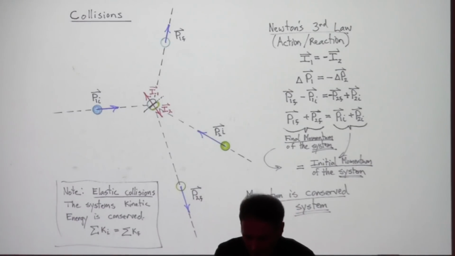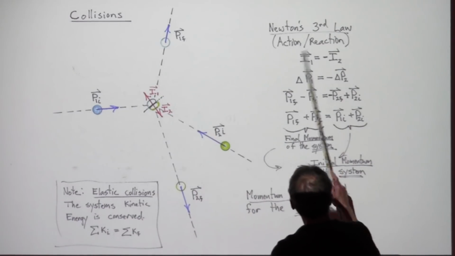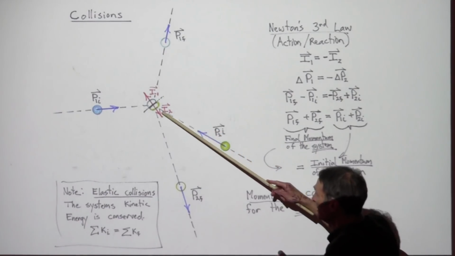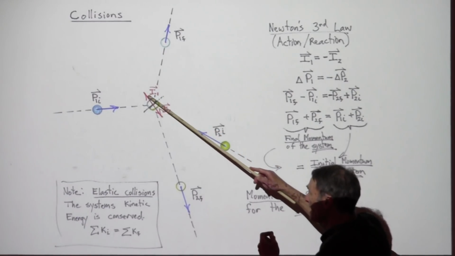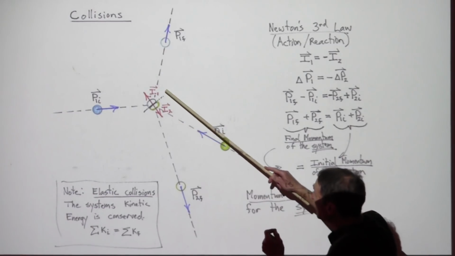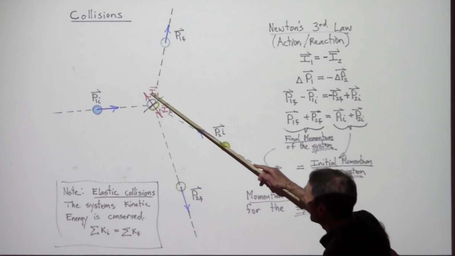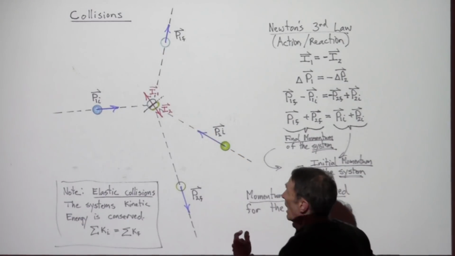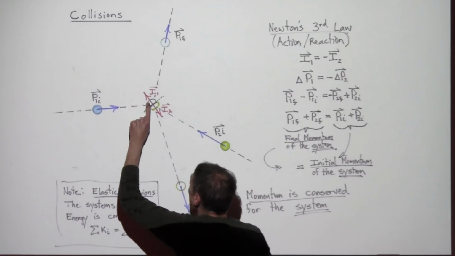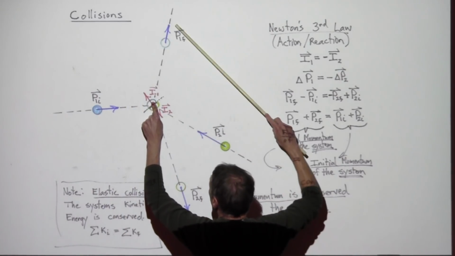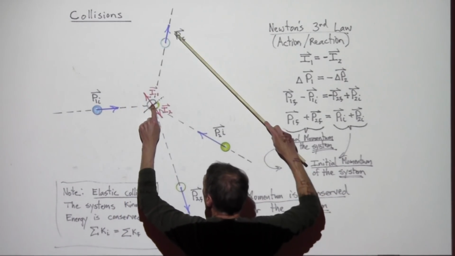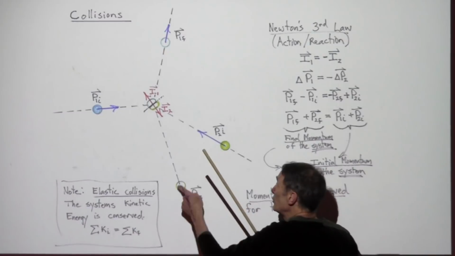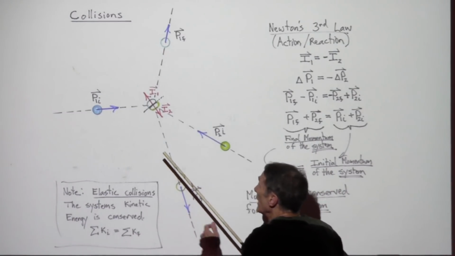And so if these forces are the same, and they're in contact for the same amount of time, we could say that the impulses are equal and opposite on these two balls, and it's going to cause a change in the momentum. Ball number 1 is going to come in and go flying off, changing its momentum. This one comes in and comes off in this direction. It too changes its momentum.